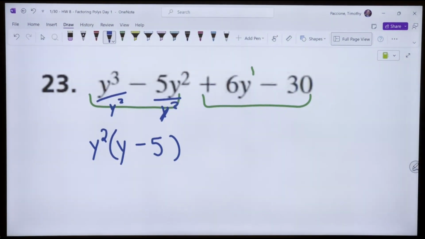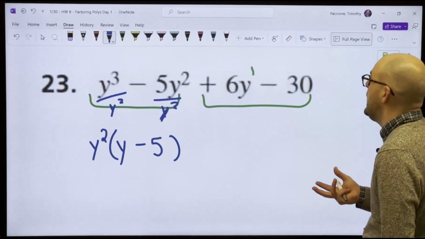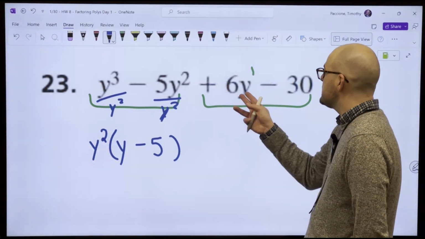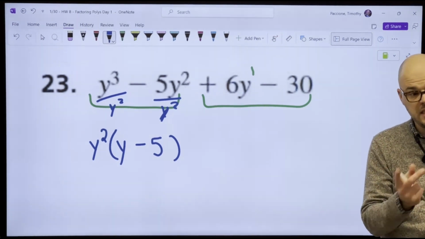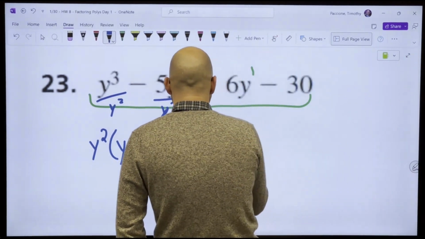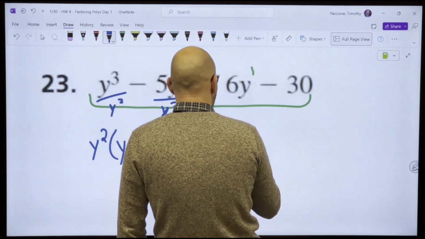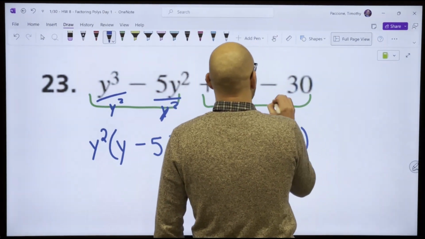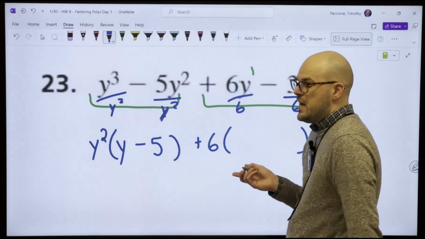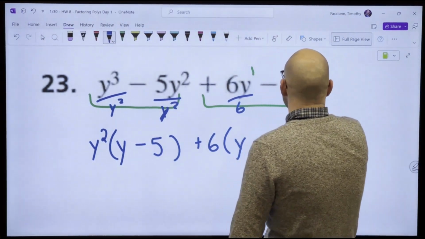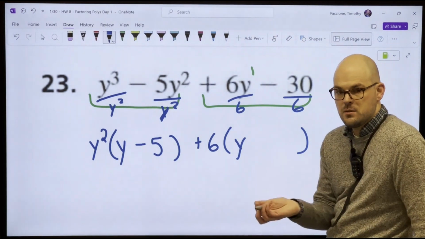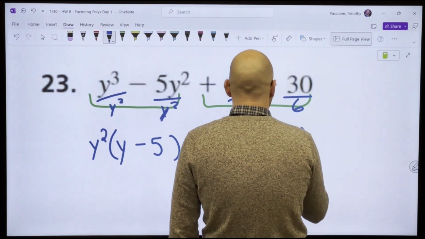What goes into both 6y and 30? 6, and no y, because this one doesn't have a y, so the y has to stay. We're just pulling out the 6. So I say plus 6, and then I divide them both by 6. 6y divided by 6, the 6's cancel, I get y. Minus 30 divided by 6 is minus 5.